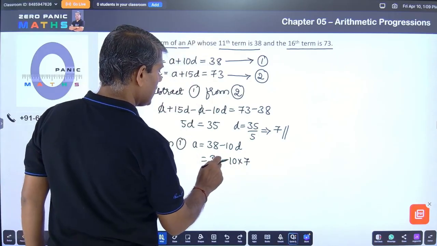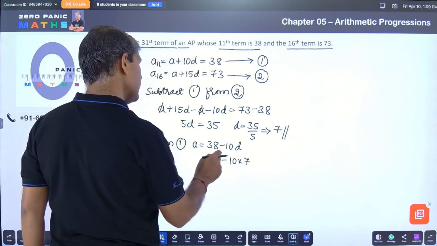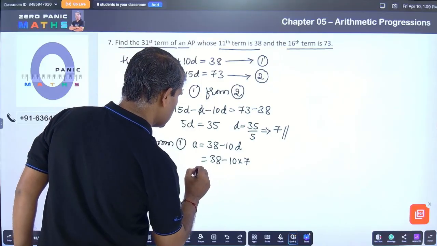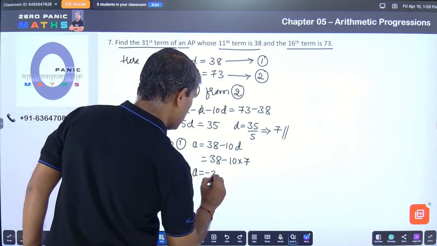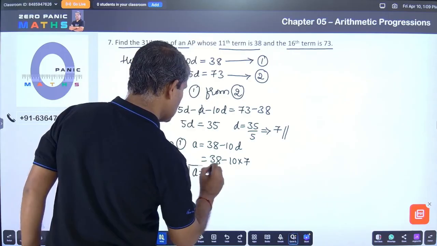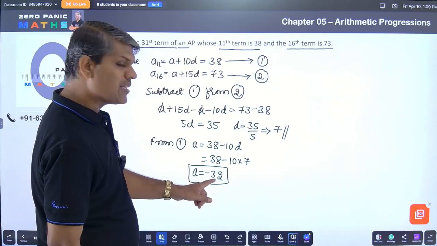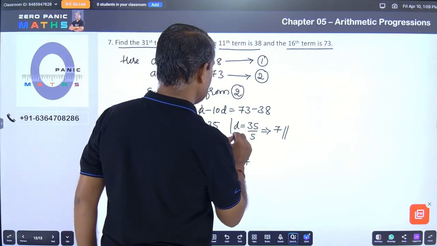So 38 minus 70, you can make it 70 minus 38, which is 32. Minus 32. So A is equal to minus 32. So we now have the value of A as minus 32 and D as 7.